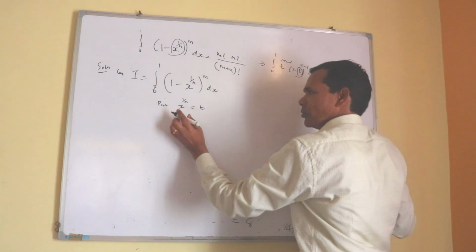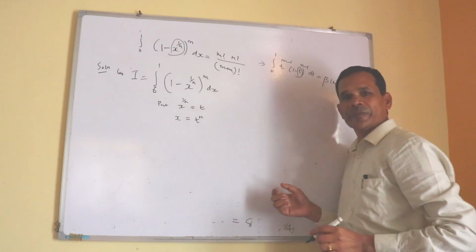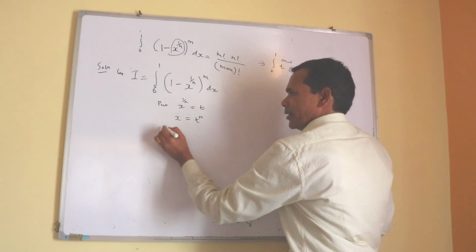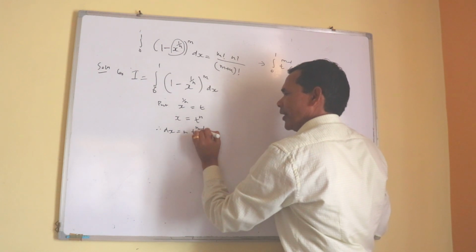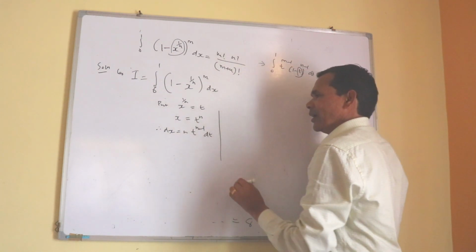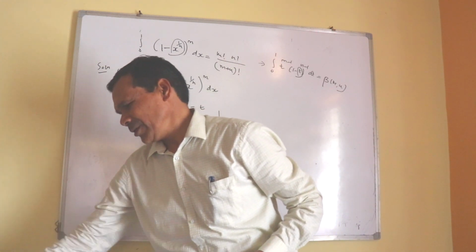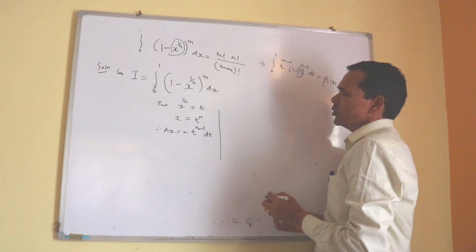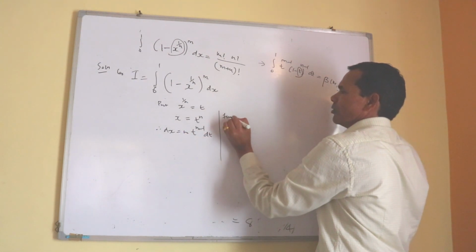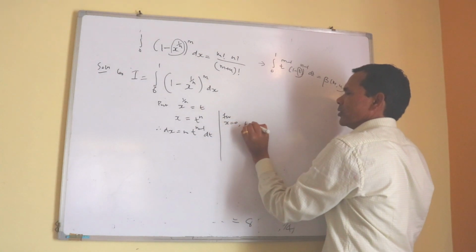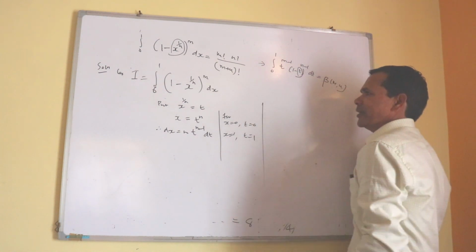So x is equal to t raised to n. Therefore dx is equal to n into t raised to n minus 1 dt, and the limits: for x equal to 0, t is equal to 0, and for x equal to 1, t is equal to 1. So get it transformed.